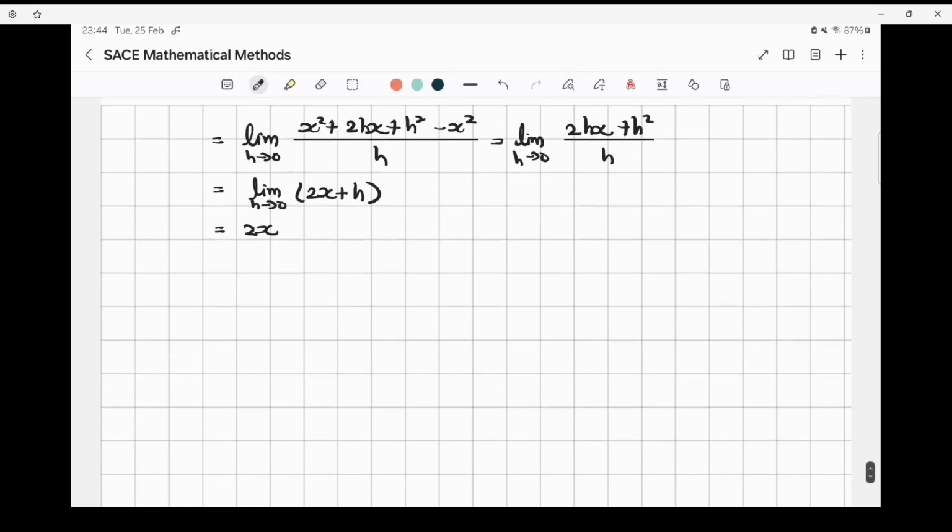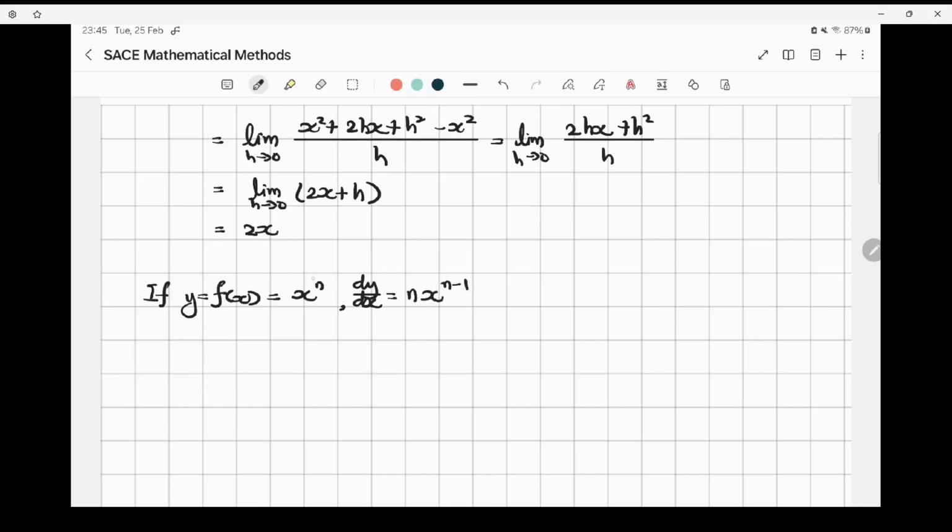You can try, for instance, y = f(x) = x cubed, and so on. You would find this pattern. So if y = f(x) = x to the power of n, then the differentiation dy/dx will be equal to nx^(n-1).